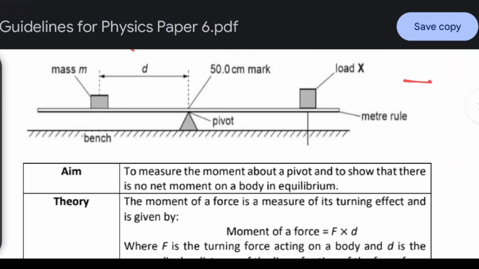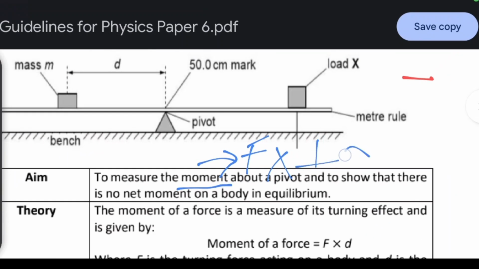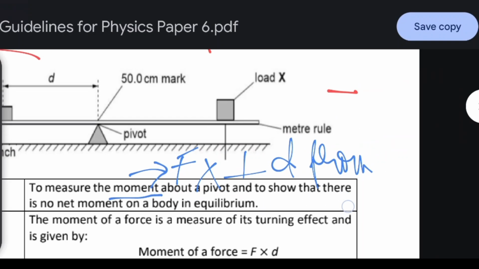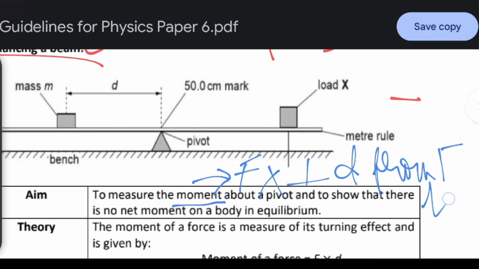What is moment? Moment is force times perpendicular distance from force to pivot. We have already studied what is moment.